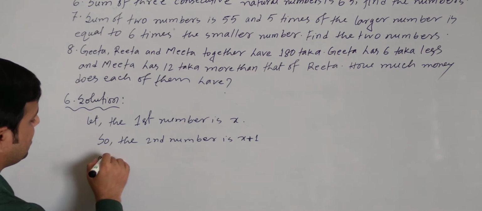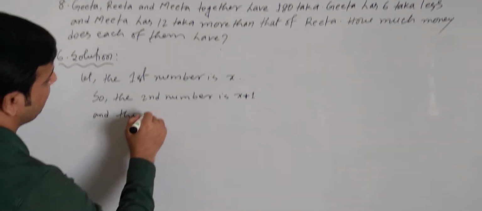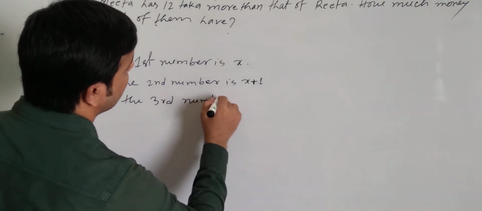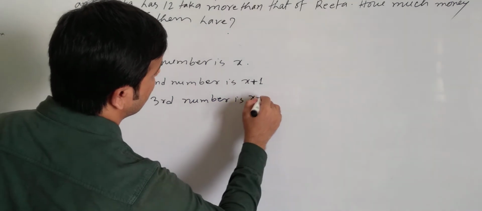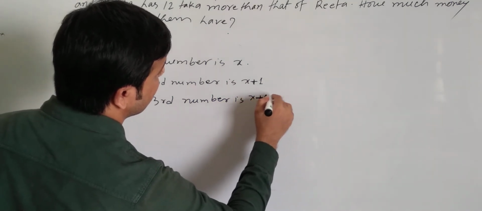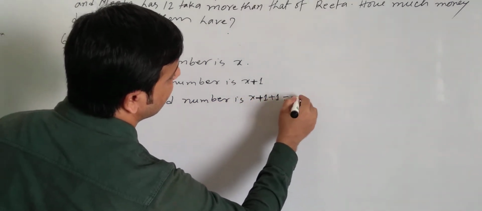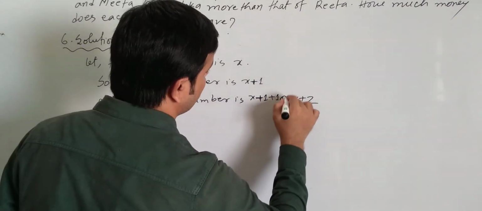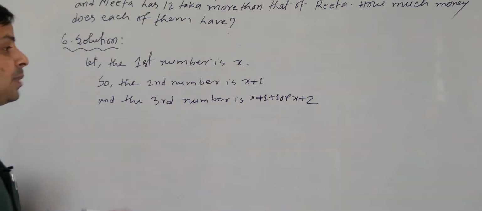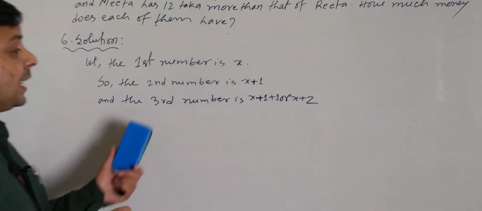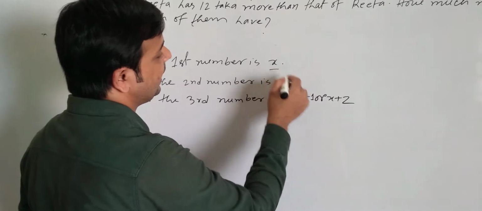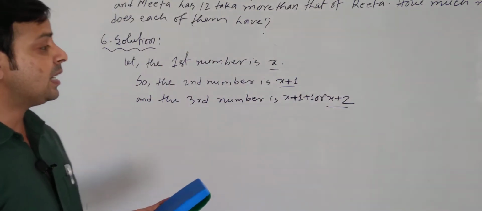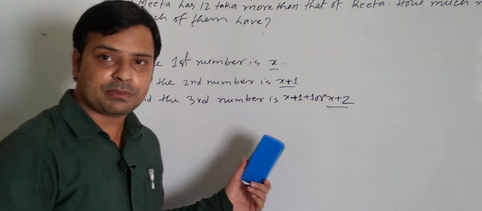And the third number is x plus 1 and again increased by 1, it means x plus 2. So our three numbers are x, x plus 1 and x plus 2. These three numbers are consecutive natural numbers I have taken.